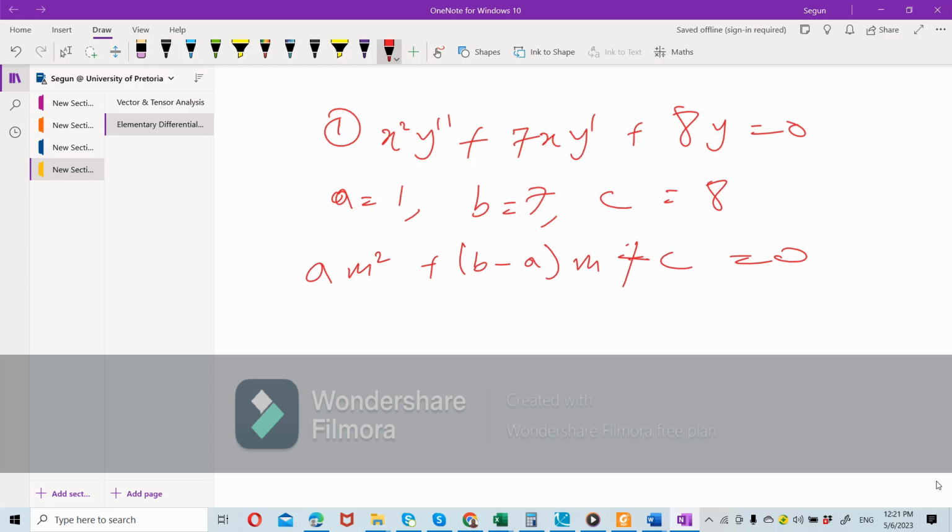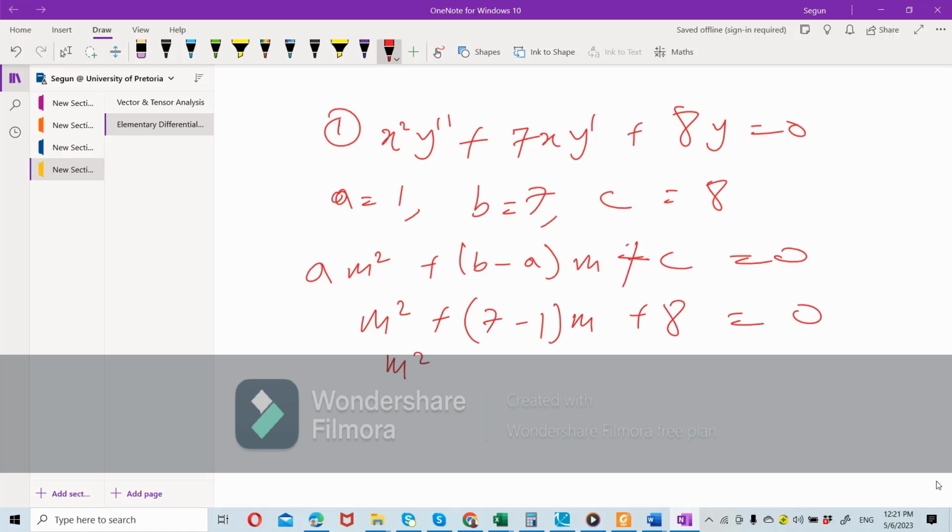So if you want to substitute, what do you have in this case? We have m squared plus (7 minus A) m plus 8 equals to 0.